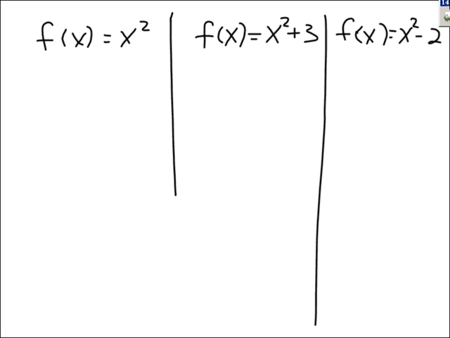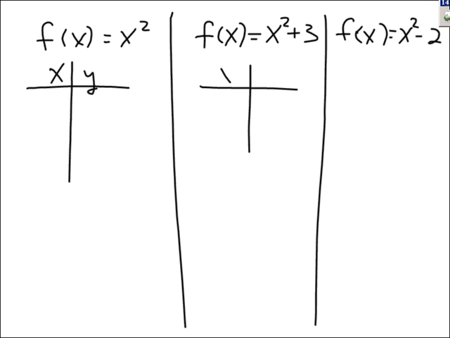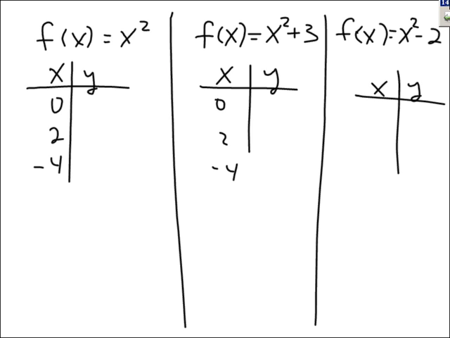Suppose you have these 3 graphs. In these graphs, we're going to use the same exact x values. We're going to use 0, 2, and negative 4.